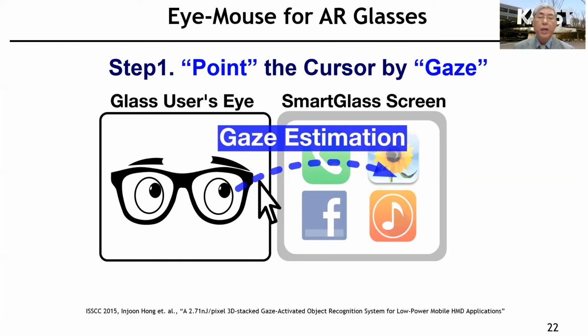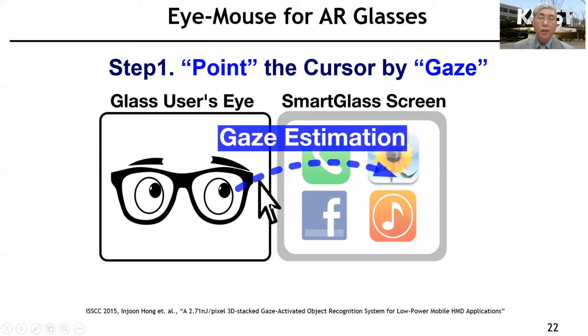So we try to develop the iMouse. iMouse is composed of just the glasses. And if you stare at one object for a long time, longer than 10 seconds, then the cursor appears.